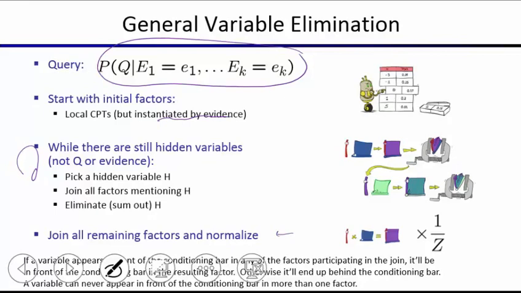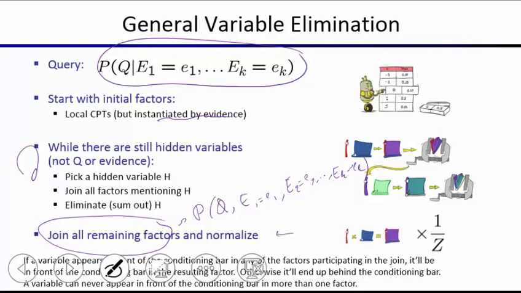You join all those remaining factors together. What that gives you is the joint of Q with the evidence. And then you renormalize that joint to get out the conditional of the query variables given the evidence.